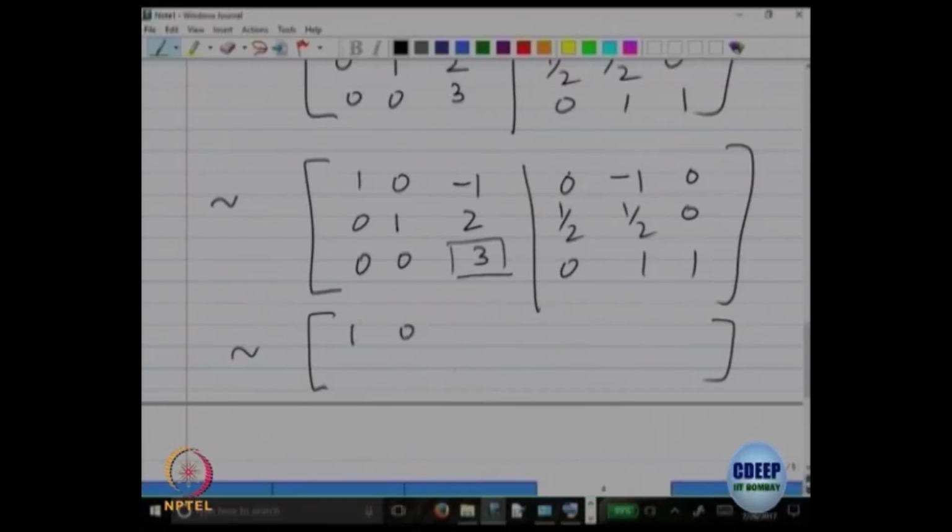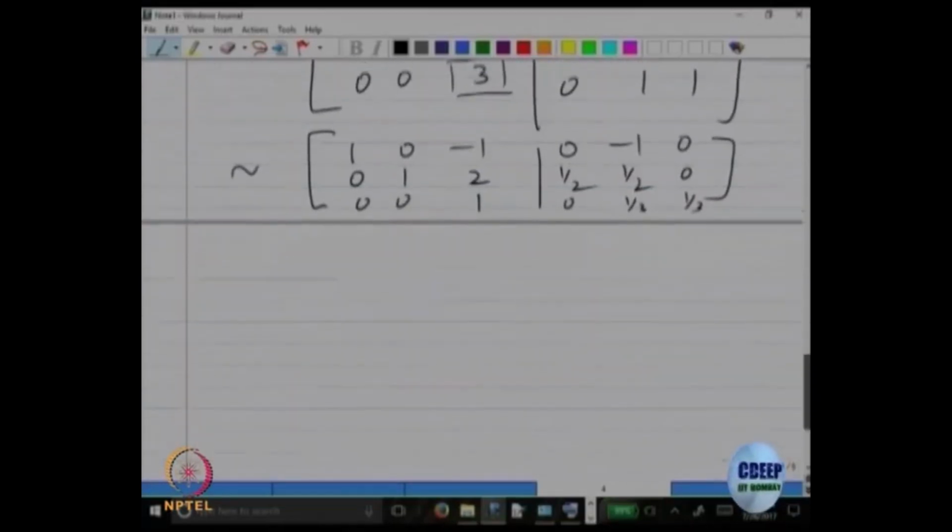So, 1, 0, minus 1, 0, minus 1, 0, and 0, 1, 2, half, half, 0. So, that is 0, 0. What should I be doing? Dividing this last row by the non-zero scalar, that is 3. So, 1, 0, 1 by 3, 1 by 3. So, that will be my form here.